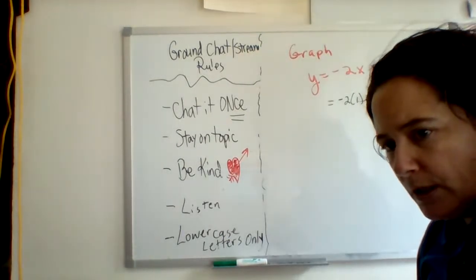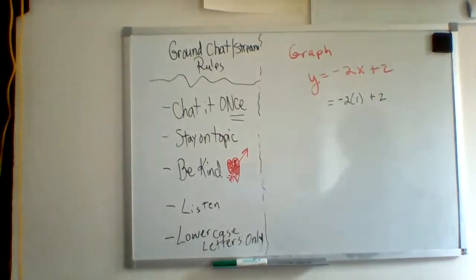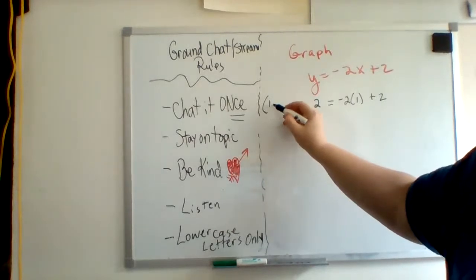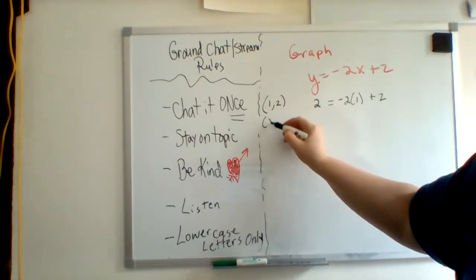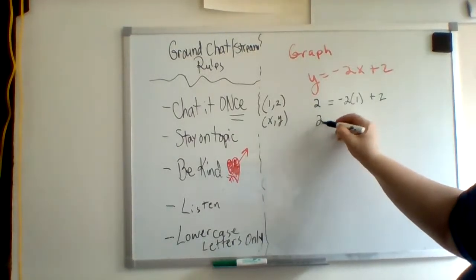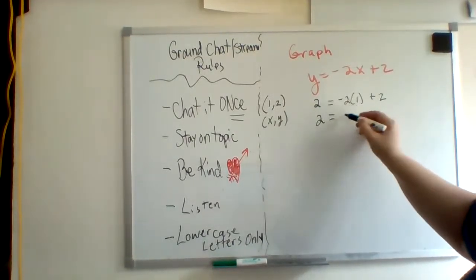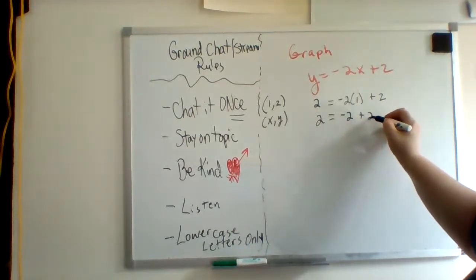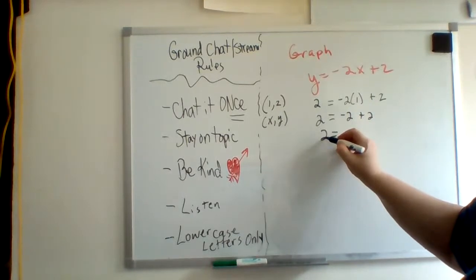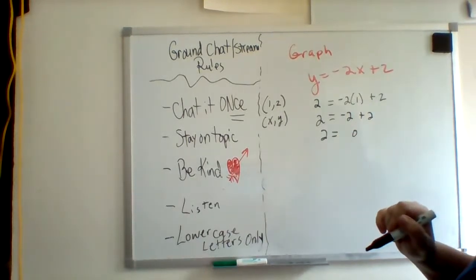Y would be 2. Okay, let's see if that works. Jacqueline says that the point 1, 2 would work, where 1 is x and y is 2. So let's test it out. 2 equals negative 2 times 1, which is negative 2, plus 2. This side is actually 0, and this is 2. So maybe I misunderstood you.